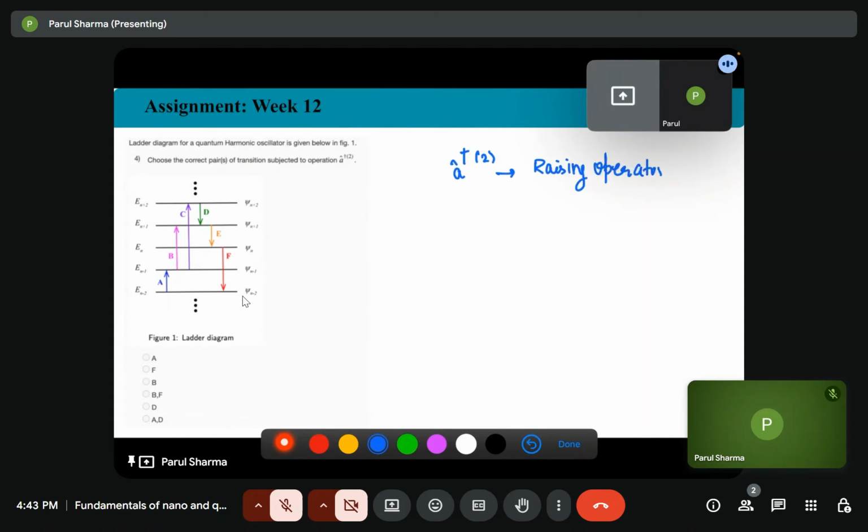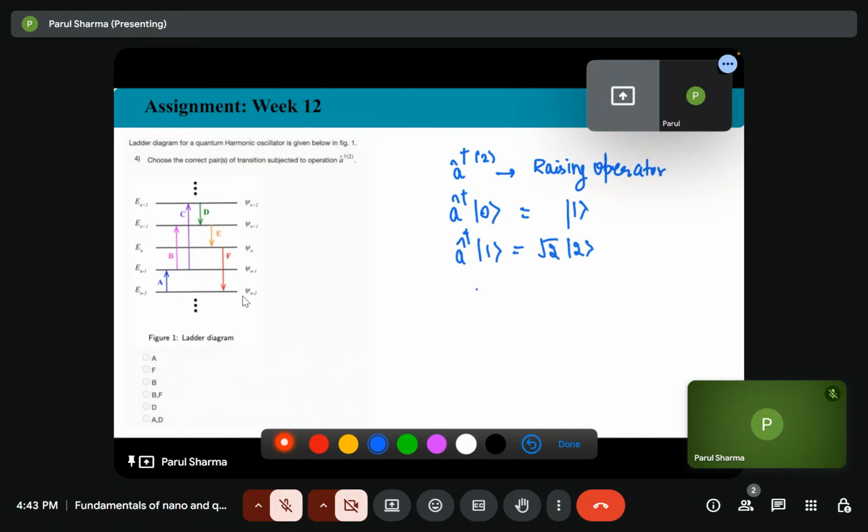Okay. So if A dagger is applied on 0, then it was giving us 1, right? If A dagger is applied on 1, it will give root 2 times 2.